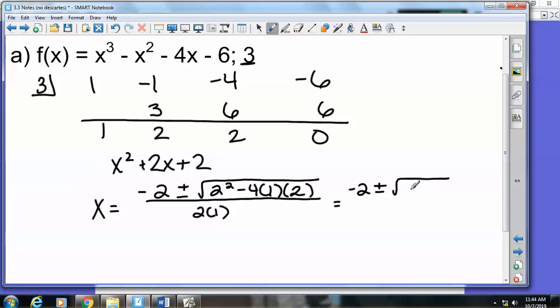Under my radical, I have 4 minus 8, which is -4. What's the square root of -4? 2i. So I get -1 plus or minus i.